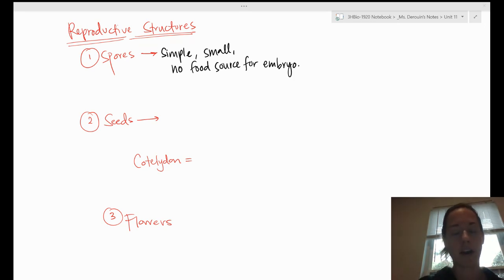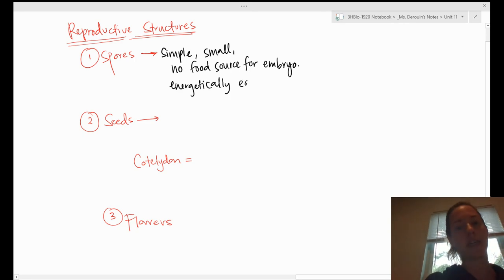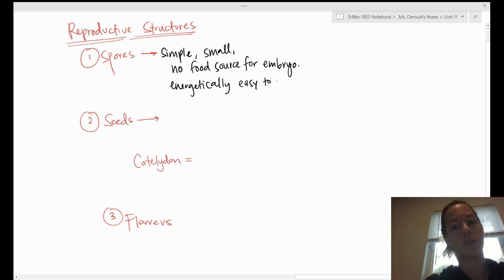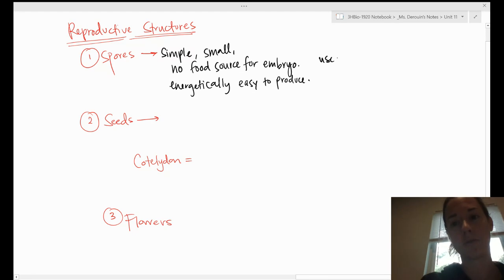And then they're also going to be energetically easy for the plant to produce. Spores are used by mosses and ferns in order to reproduce.